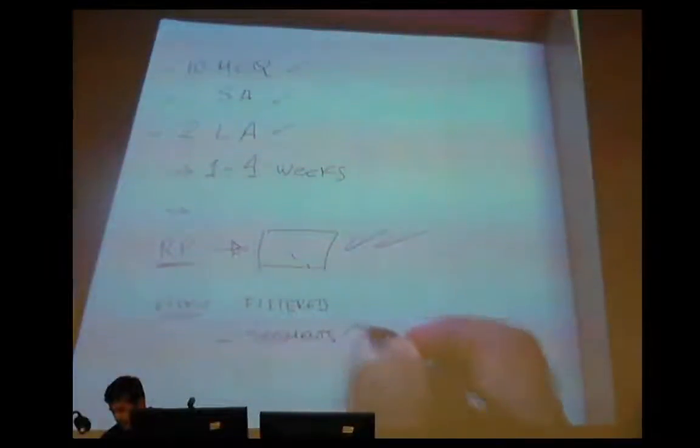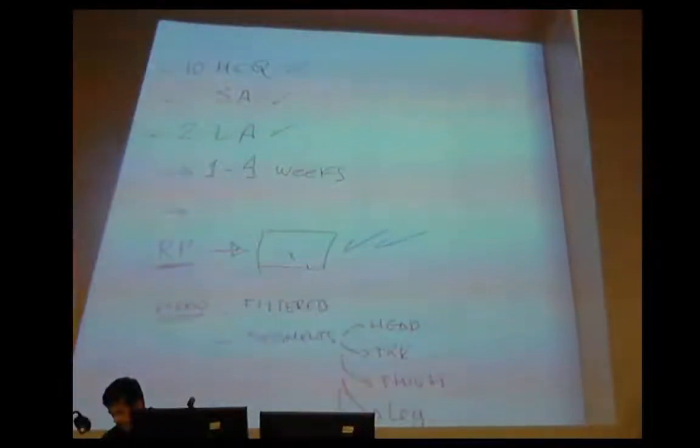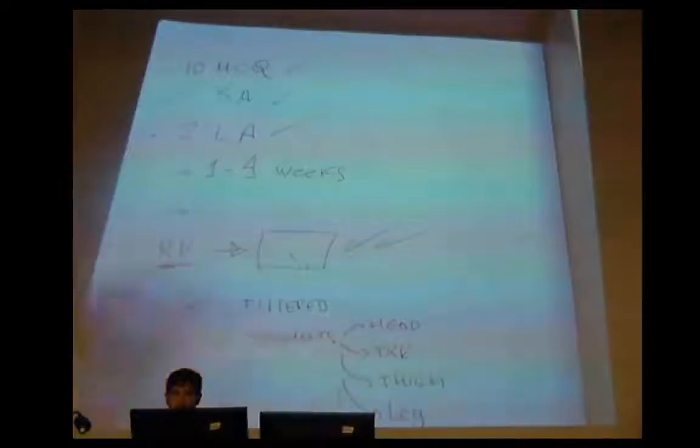That would be head, trunk or torso, thigh or upper leg, leg or shin as you call it, or shank, and foot. So those 5 segments, if you can do that, do it. If you cannot, it's not a big deal, but it will certainly save us time later on for you to have done that by week 5.